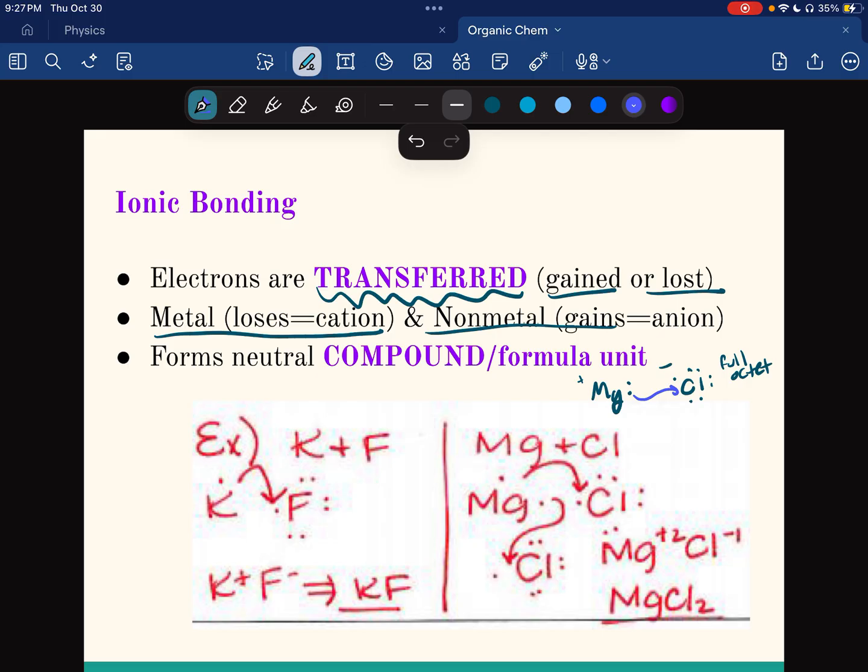But technically, since they're ionically bonded, they're one compound, even though you can split up these charges like that. I think magnesium should already have a plus charge here. I'm not sure why it doesn't. So when the chlorine gains that electron, it goes from neutral to negative, as you can see down here. And then the magnesium goes from a positive charge to a positive 2 charge because it lost an electron. And then those two are ionically bonded.